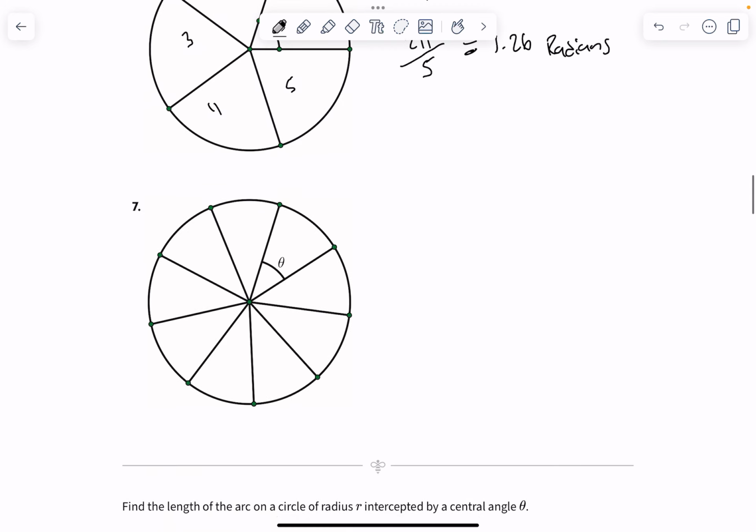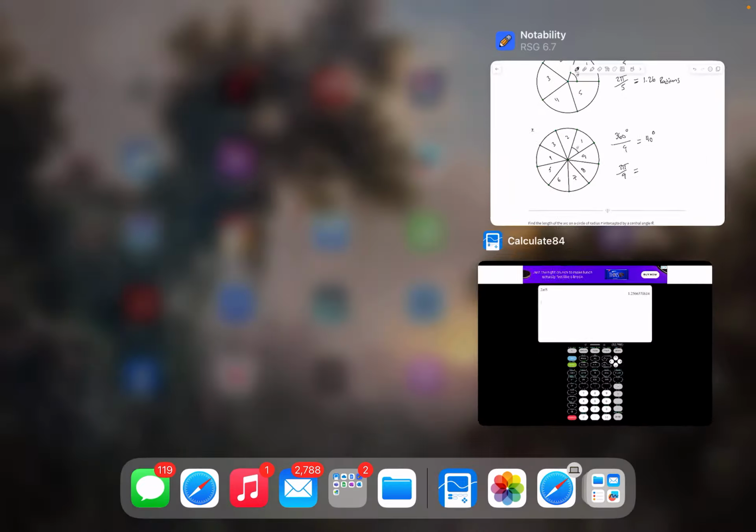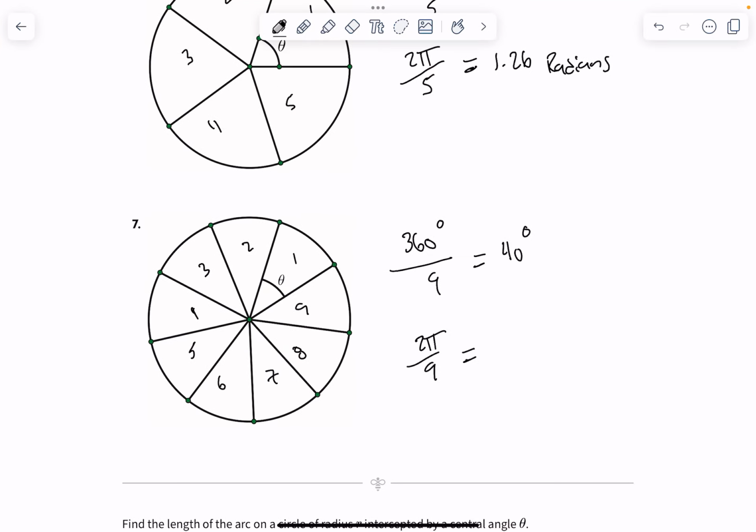Okay. Now this is 1, 2, 3, 4, 5, 6, 7, 8, 9. So there's 9. So then 360 divided by 9 is 40 degrees, right? And then this is 2 pi over 9, which is 0.698. Let's just call that 0.7 radians.